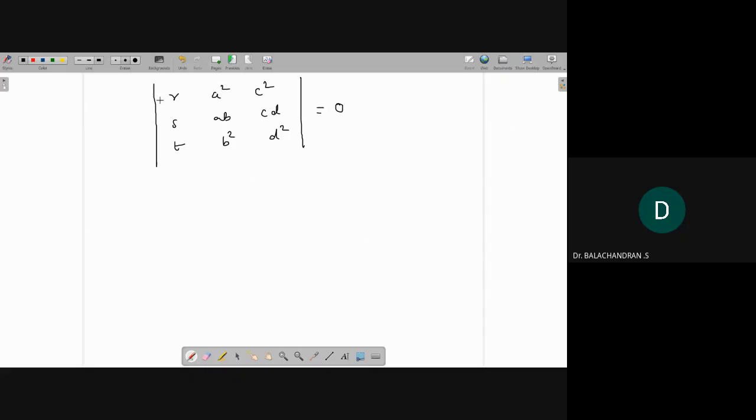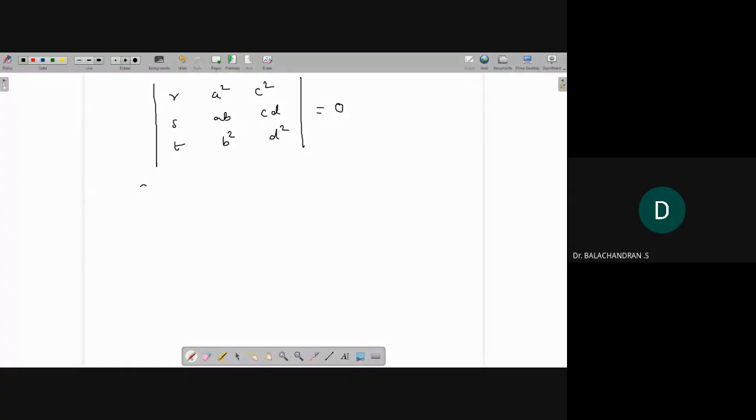I don't expand this determinant about this row. It is better to expand about this column because I need the final answer in terms of r into something plus s into something plus t into something.